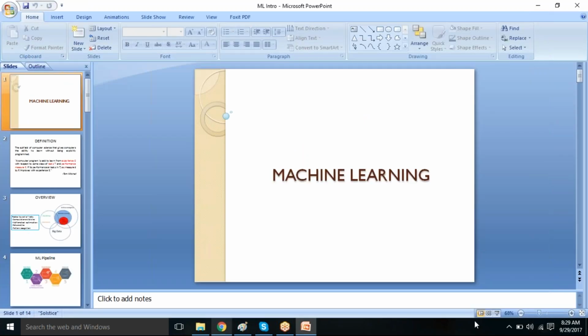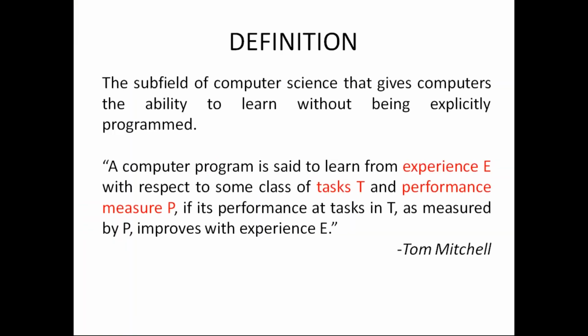So this is a typical example of how machine learning problems are classified. Now I will quickly tell you about machine learning. This is the Tom Mitchell definition of machine learning, given long back. I don't know how relevant it is today, but it is a proper definition.